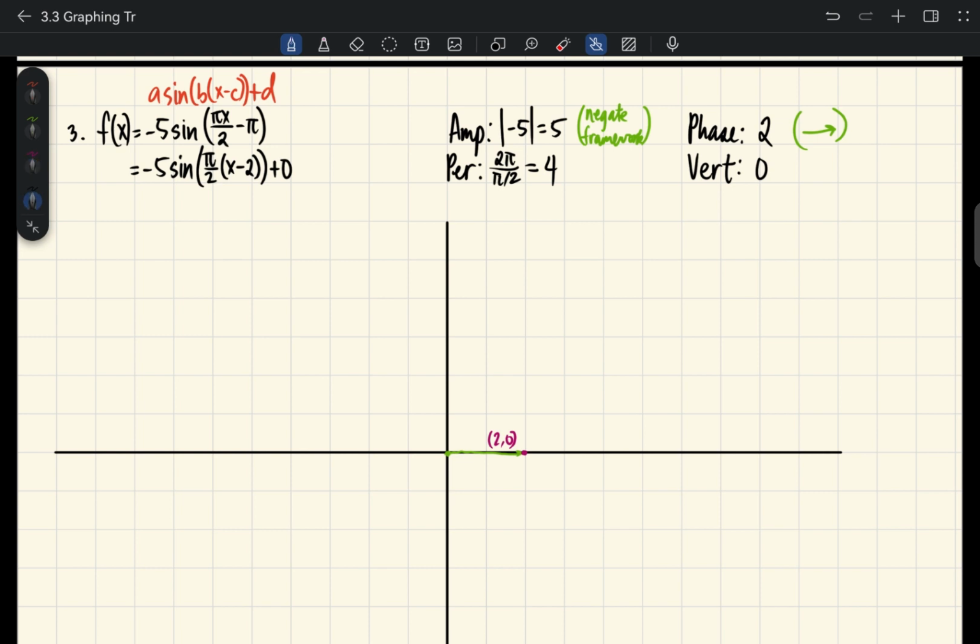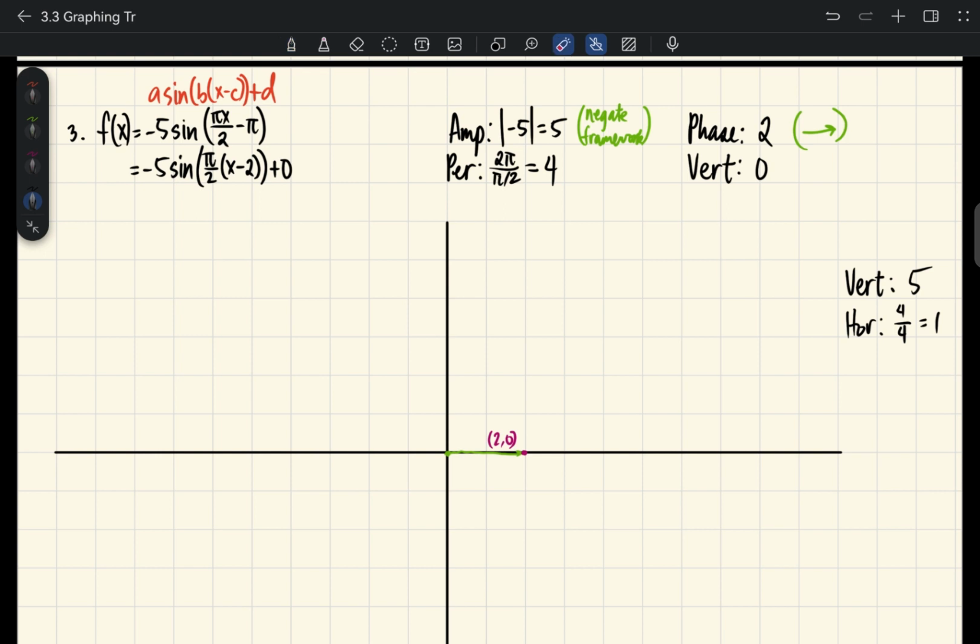The next, let's determine our vertical and horizontal movement. For the vertical, that's just your amplitude. We move 5 units up and down. And for the horizontal, you just divide the period by 4. So 4 over 4, that's 1.